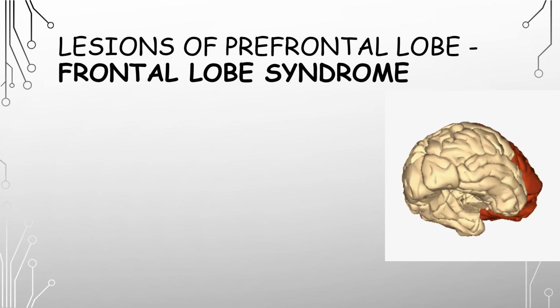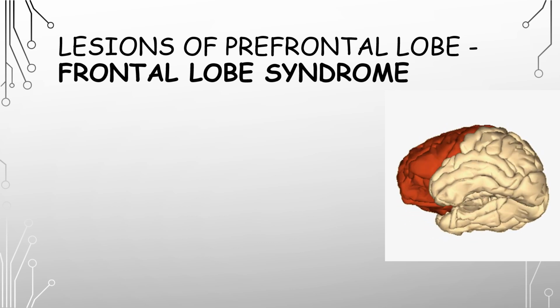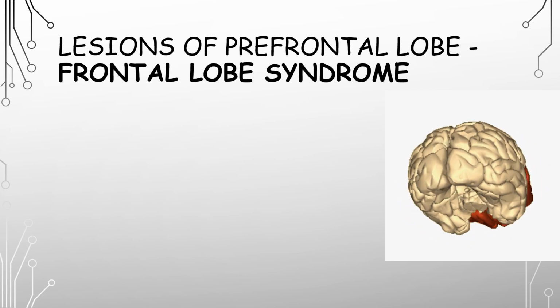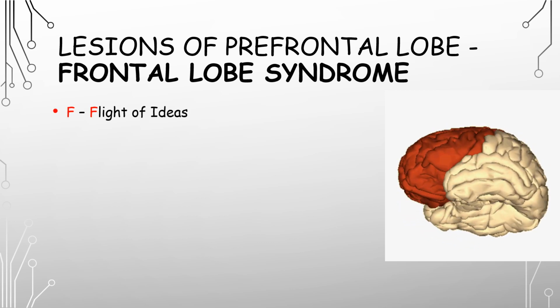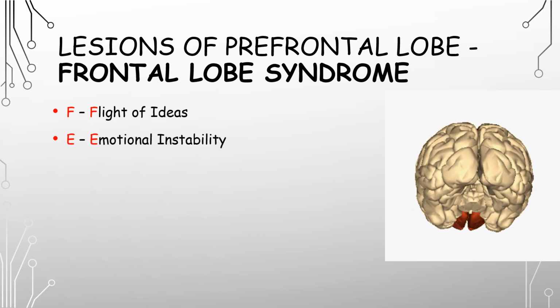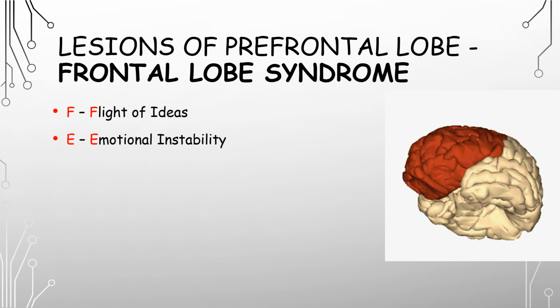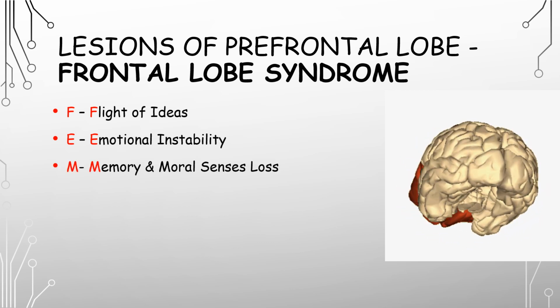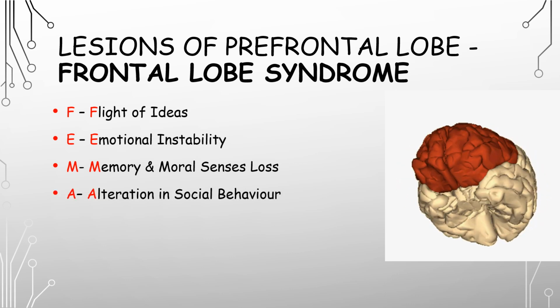Let us discuss the applied aspects. The lesions of the prefrontal lobe is called a frontal lobe syndrome. So they will be having the flight of ideas. There will be emotional instability. There will be loss of memory and also the moral senses.